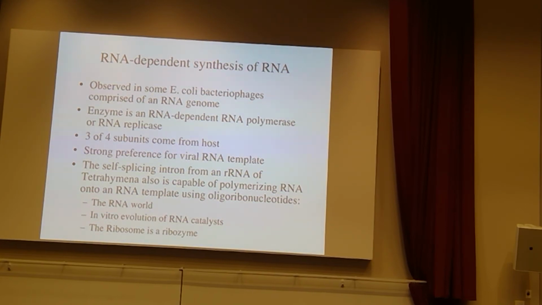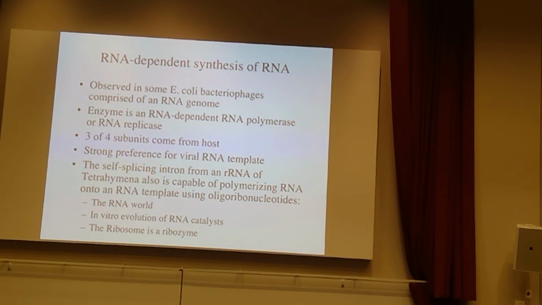Only one of the 4 protein subunits that's used in making this polymerase is actually encoded for by the virus itself. The virus grabs proteins that are already present in the host cell and uses that for the majority of creating these polymerases.